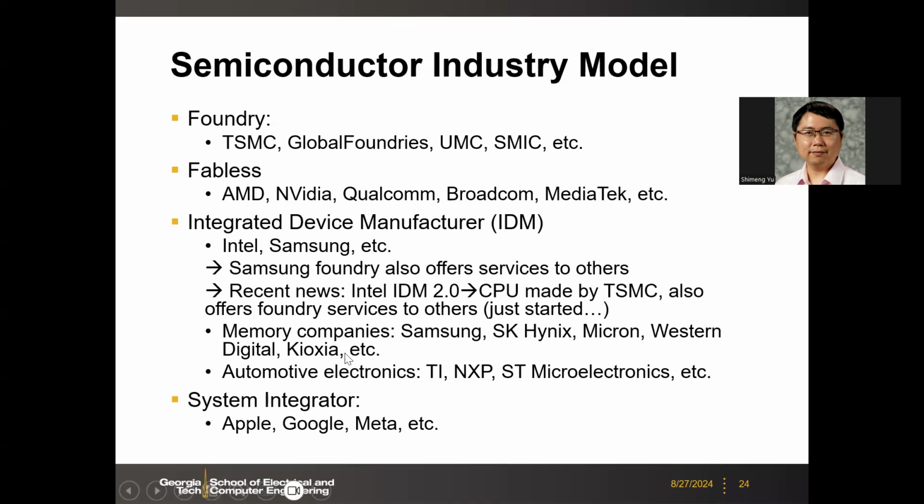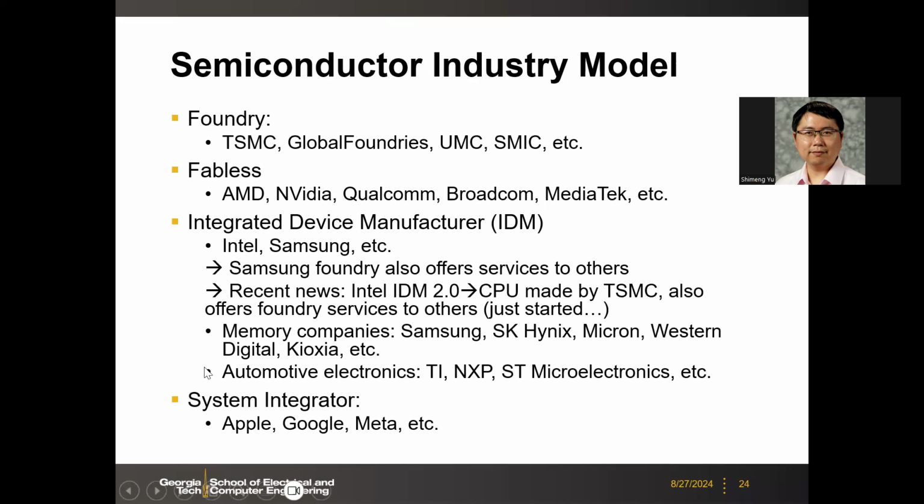The memory companies do not have the foundry or fabless model, because they always do everything, from the design to the manufacturing of the memory components by themselves. They do not offer, for example, a process design kit (PDK) for others to design or tape out with the memory technology. They do everything, a closed circle.